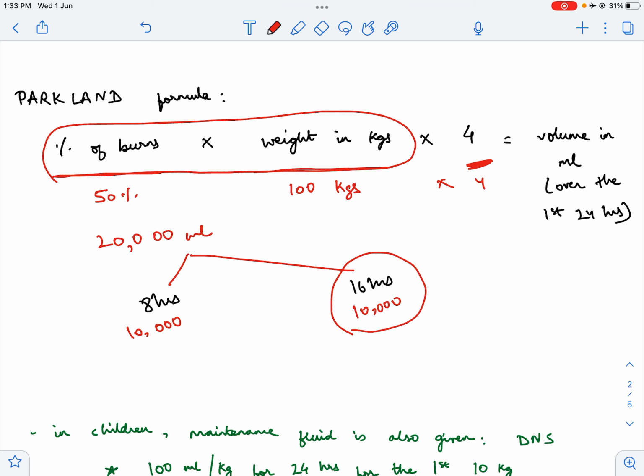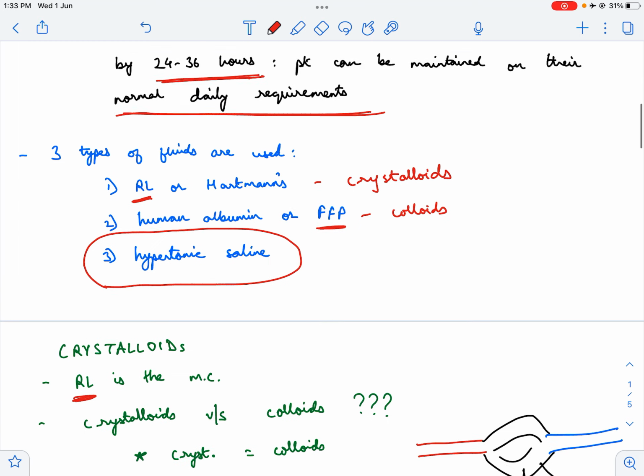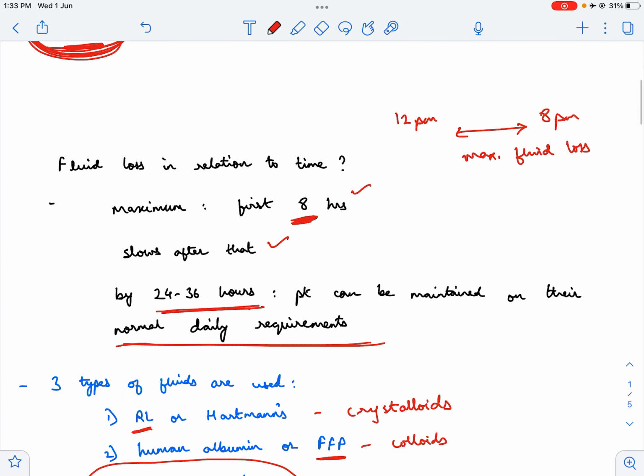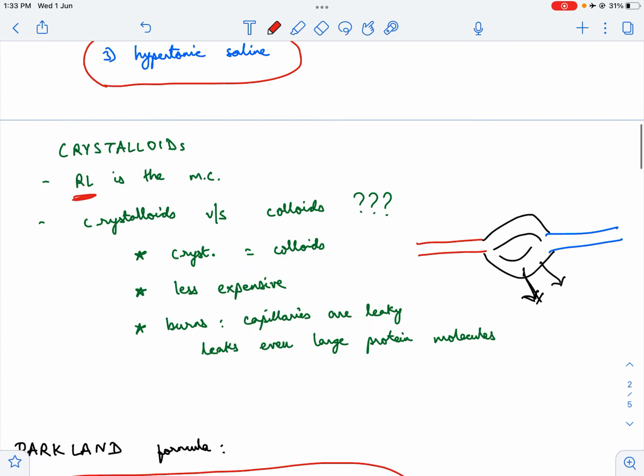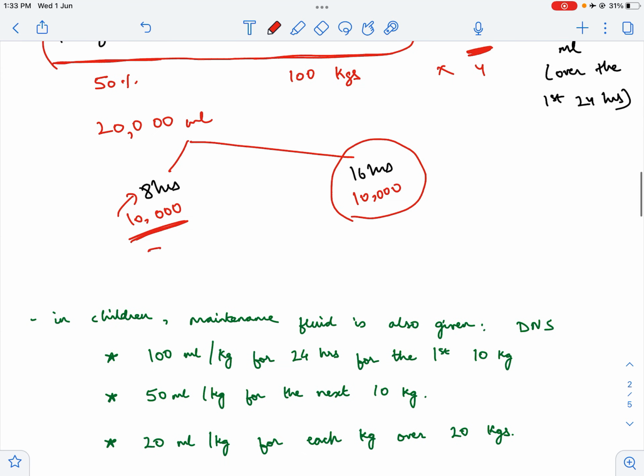So as you can see, a higher amount of fluid is given in the first 8 hours. This is because, as I already told you earlier, the maximum fluid loss in burns because of the inflammatory response is in the first 8 hours. So you give 50% in the first 8 hours and the remaining 50% in the next 16 hours.